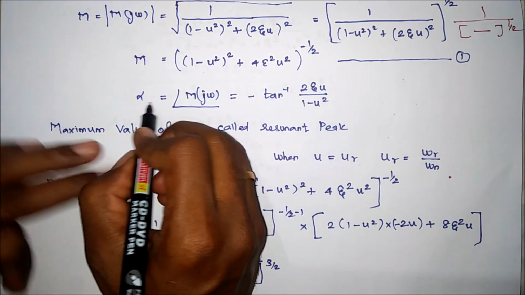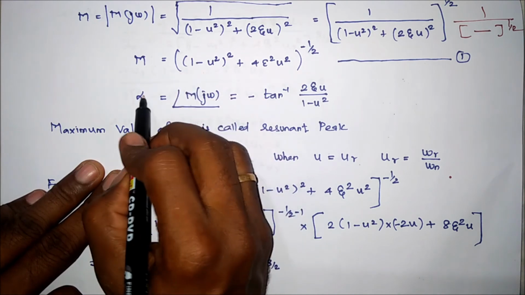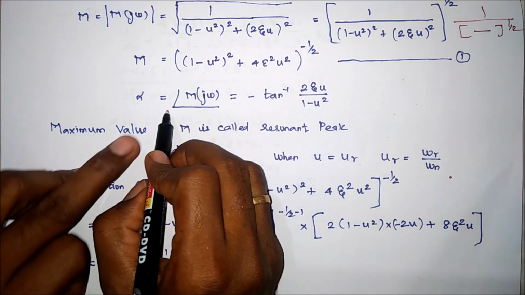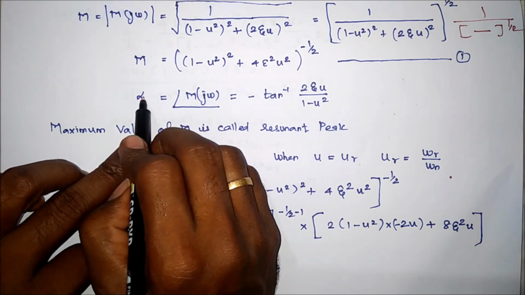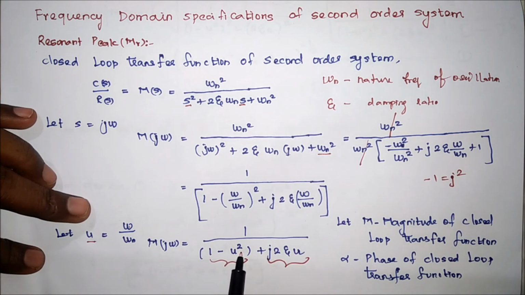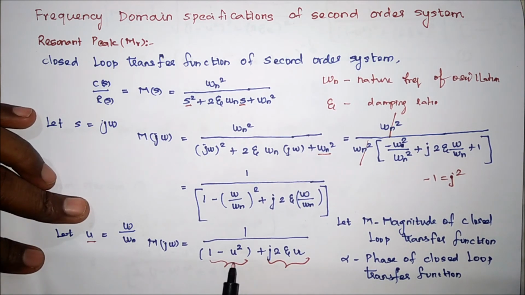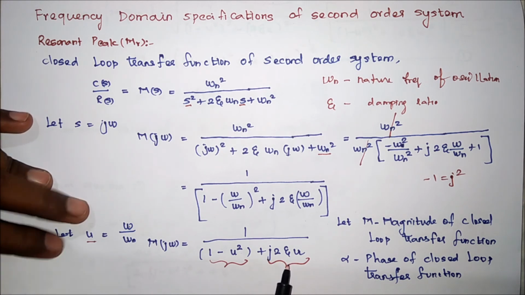So now alpha equal to, and now this is the magnitude. Angle for this is, we have found the magnitude, but angle we can calculate from its basic equation. So this is the basic equation. We know if we have real and imaginary part, we can easily find the angle by using tan inverse concept.